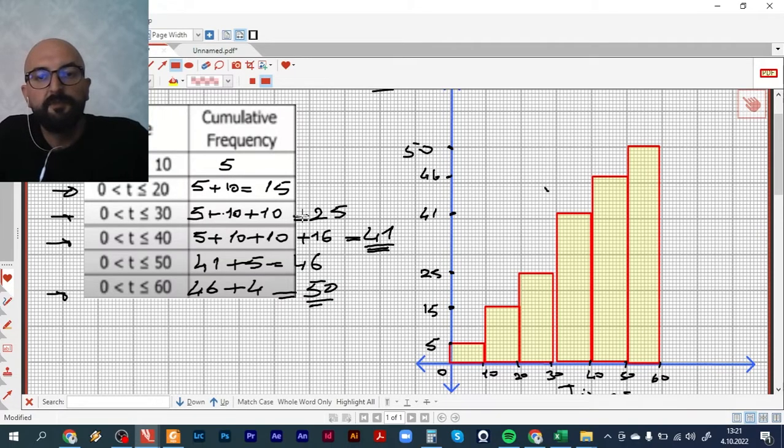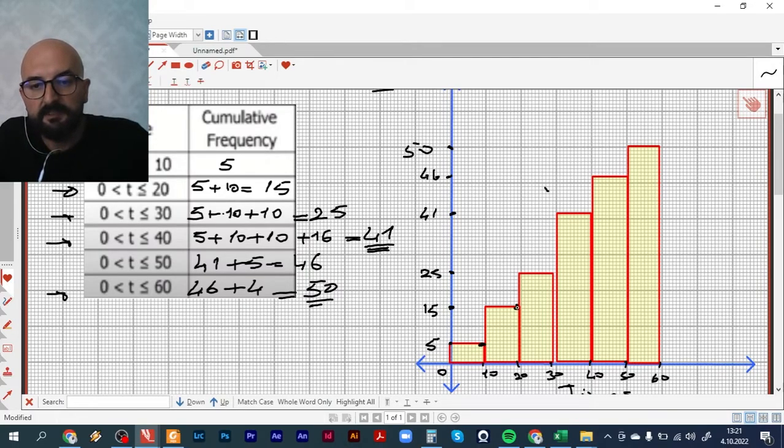If you want to draw the cumulative frequency graph, we should use the upper boundary. The upper boundary of the first column is here.